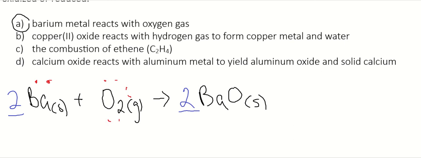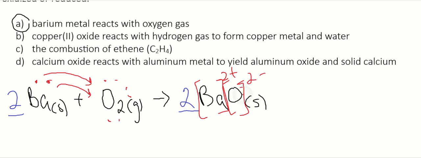And so what's going to happen is the 2 barium atoms are going to transfer their 2 valence electrons to the oxygen atoms, and that's going to make barium a 2 positive cation and oxygen a 2 negative anion, each to achieve the octet rule, and that's how they're going to be attracted in that ionic compound.